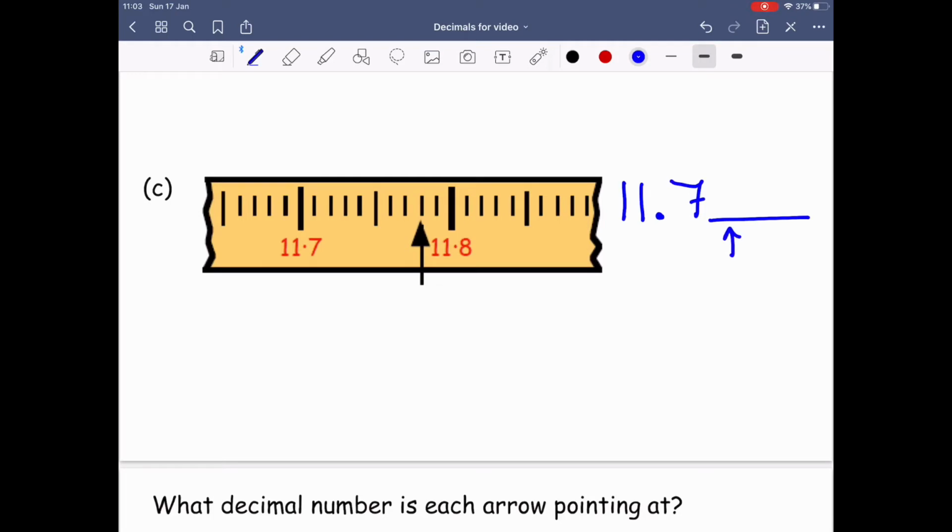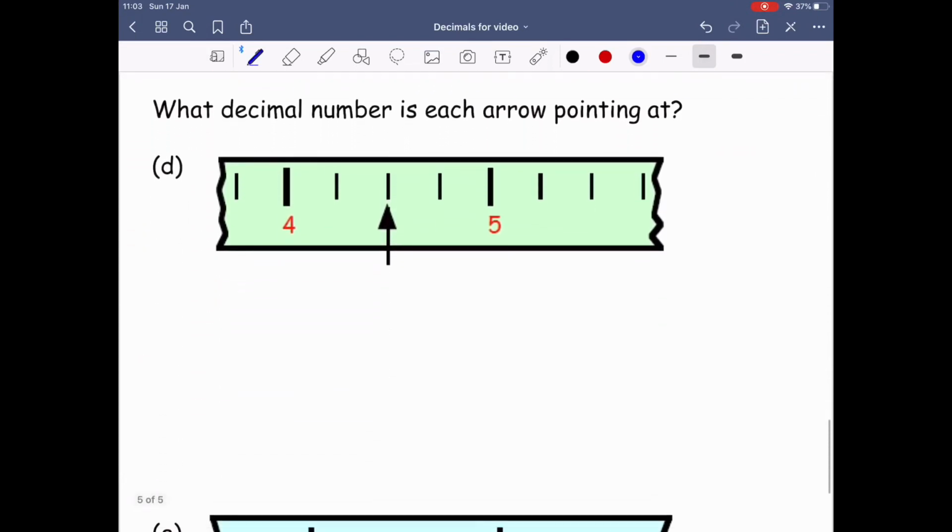So each section here is increasing by 0.01. That's what's happening for this question. Each section increases by 0.01. If we count along, this arrow here is the 8th little line along. So 11.78 would be your answer for that question, 11.78.